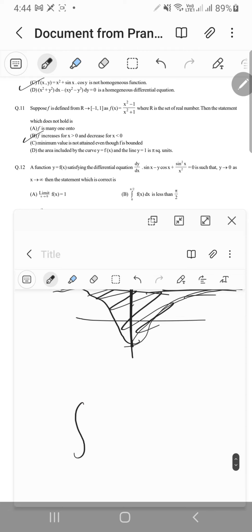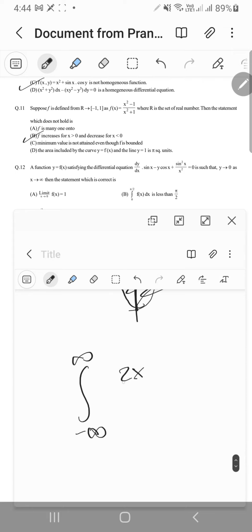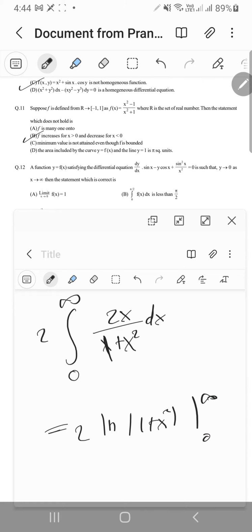So it's the integration from negative infinity to infinity, or 2 times 0 to infinity of 2x upon 1 plus x squared, right? So it's natural log of 1 plus x squared, going from 0 to infinity.